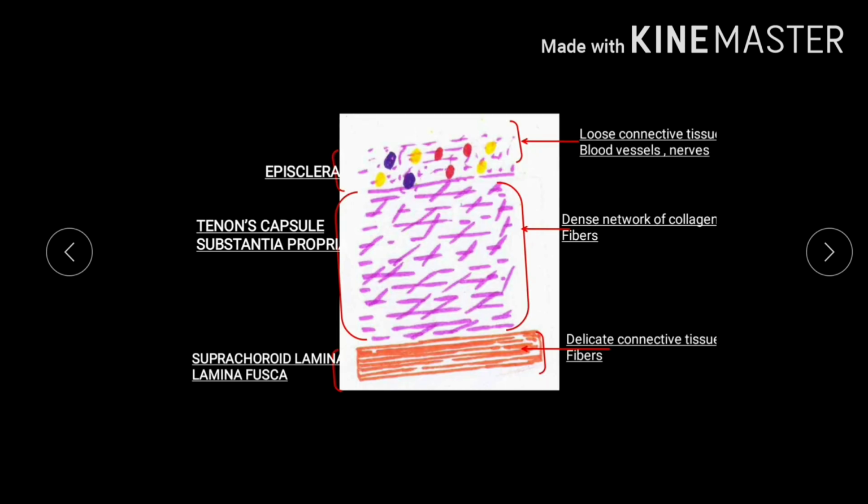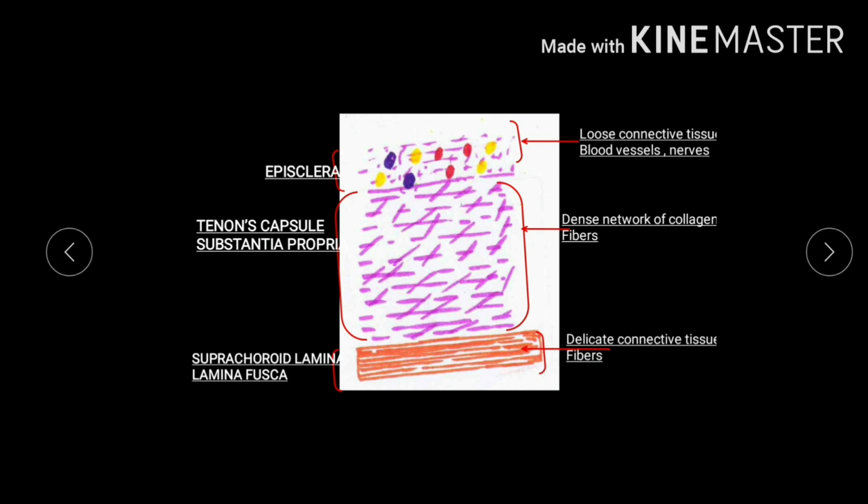Now this is the schematic diagram to show you the structures of the sclera. It is divided basically into three portions: the outer portion, known as the episclera; the middle portion, known as the Tenon's capsule or substantia propria; and the innermost portion, known as the suprachoroid lamina or lamina fusca.